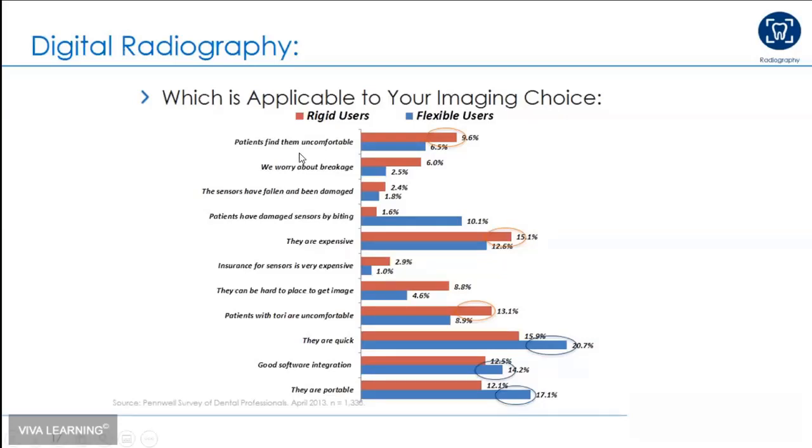Breakage is a big concern, as you see in the next bar graph. 6% of the dental population worry about breakage. That's significant. Jump down, if you will, to the next circled one, where you see the question of cost.